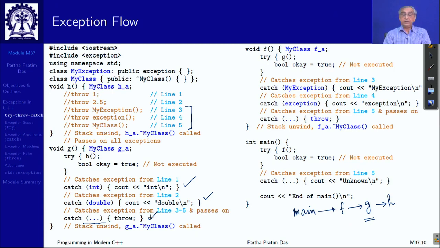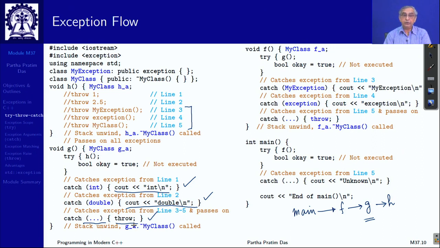Now, obviously, with this catch all clause, you really do not know what type of exception object you have got and what type of exception has actually happened. So, what I show is that it is not necessary for the caller to be able to handle the exception in every case, which it could do for int and for double, but it could just throw it again.